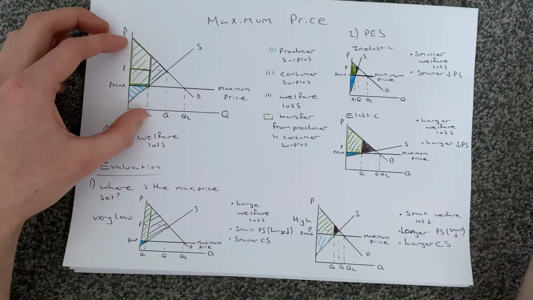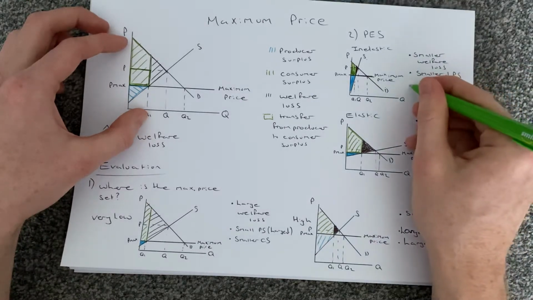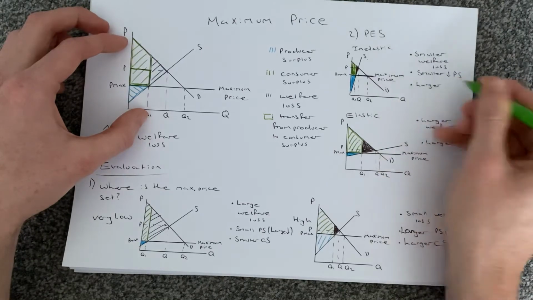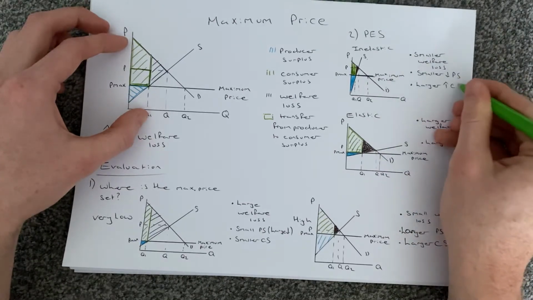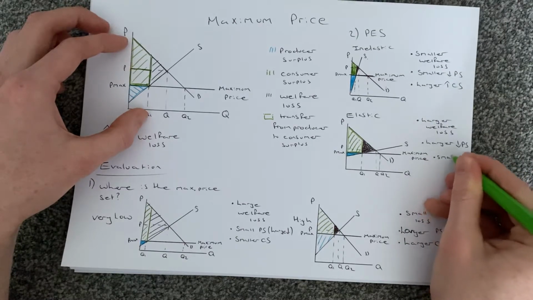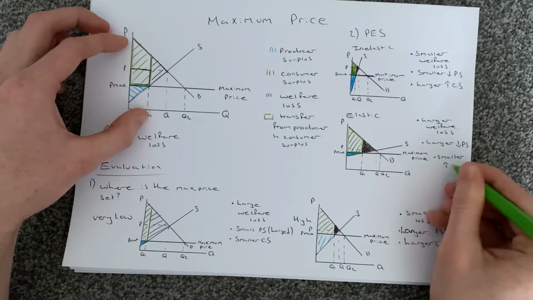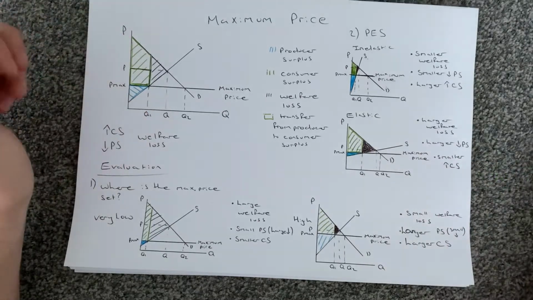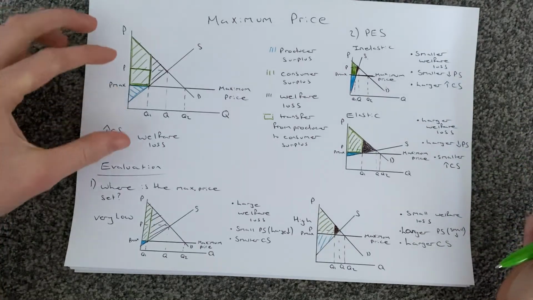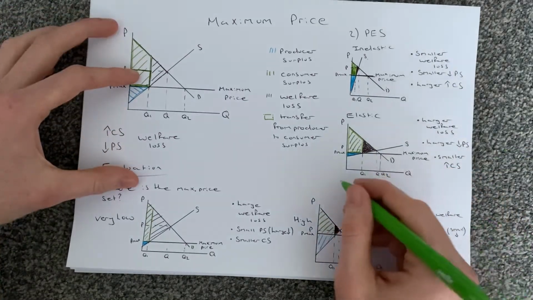And then we see that there is a larger increase in consumer surplus here, and here we see a smaller increase in consumer surplus. And the increases and decreases are all relative to the producer and consumer surplus prior to the maximum price. So we'll just make a note of that.